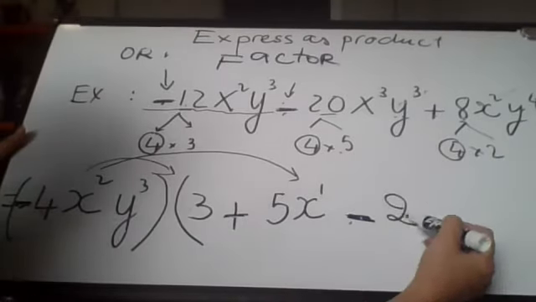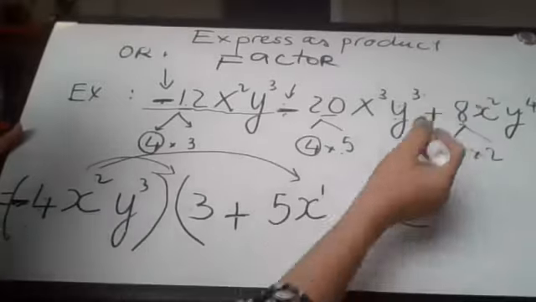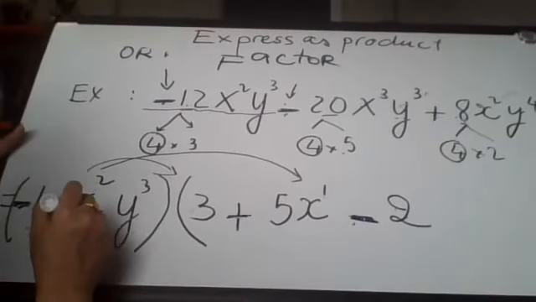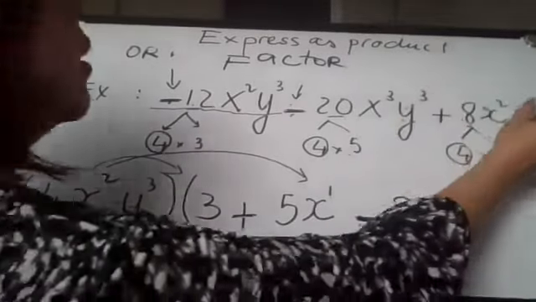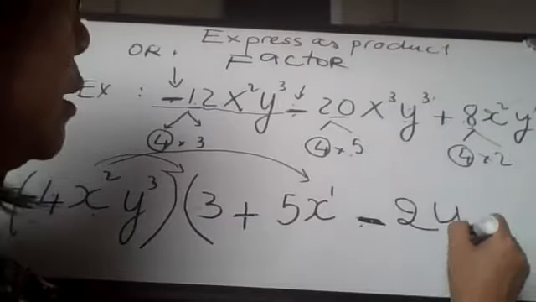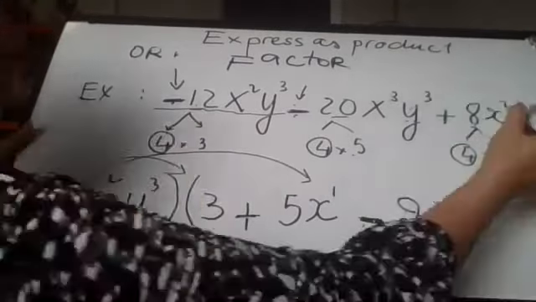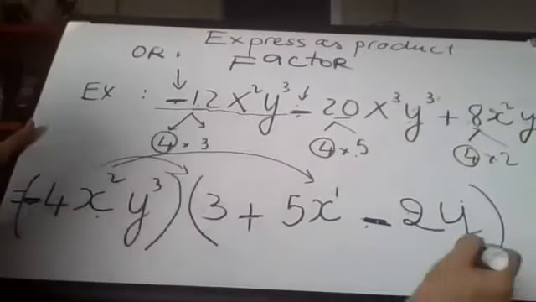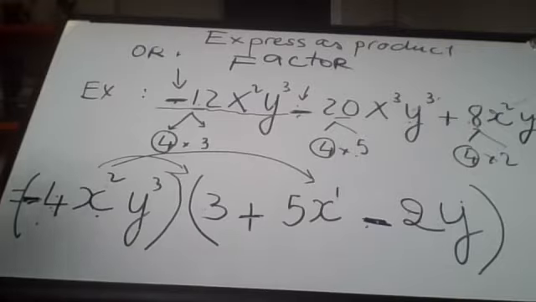The 2 from here goes in here, so that 4 times 2 is 8. X squared is already in here, so I don't need to put x squared in here. Y here is y to the power 4, but here I have y to the power 3, so I have to put a y in here so that y times y cubed gets back to y to the power 4. And this is my 2-bracket factor.